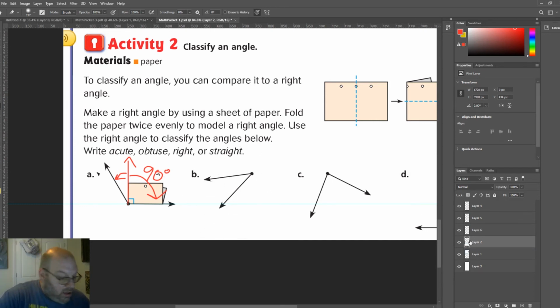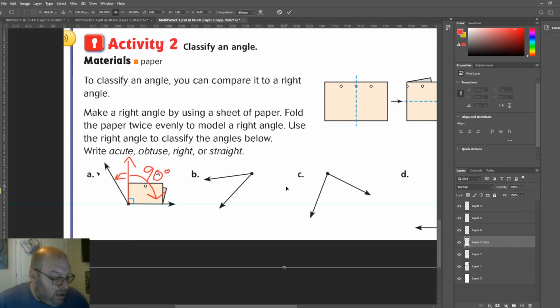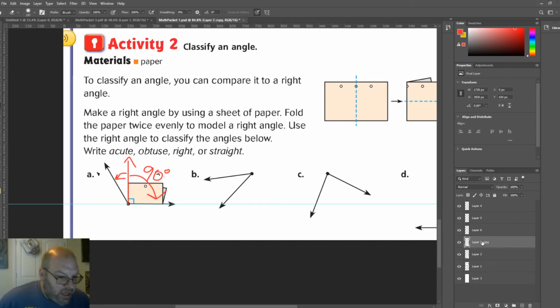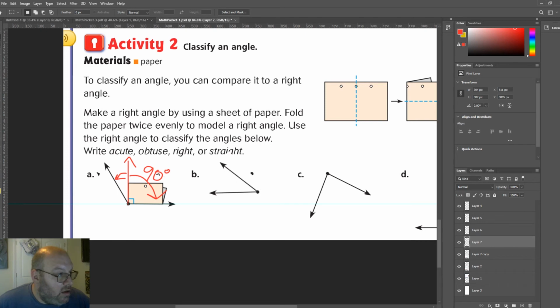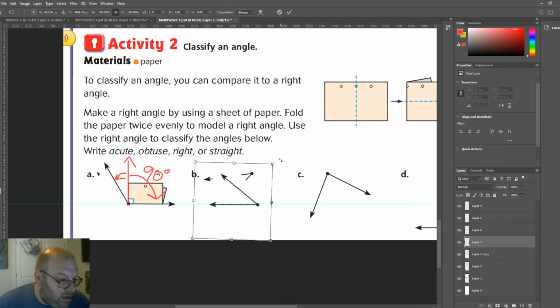Now, let me get rid of all that. Okay. Now, if I do that again, and say I move it to a different direction. So we did have it facing this way. Let's have it facing this way. Scoot it a little bit up. There we go.